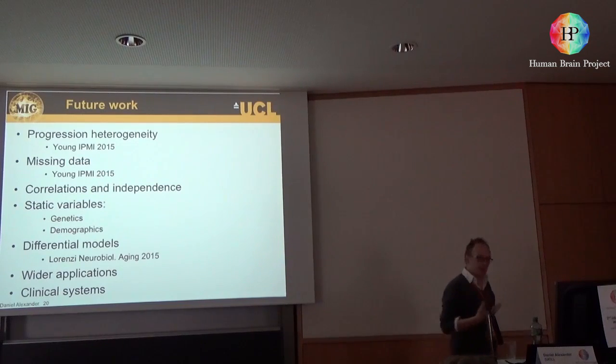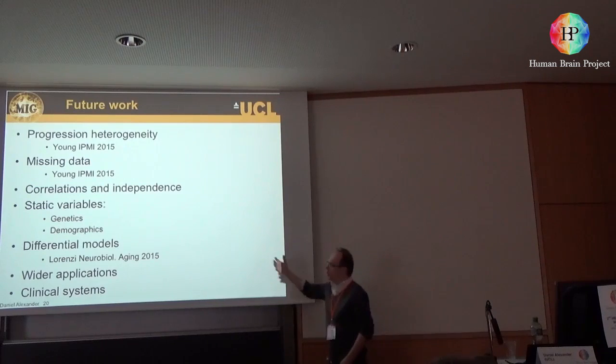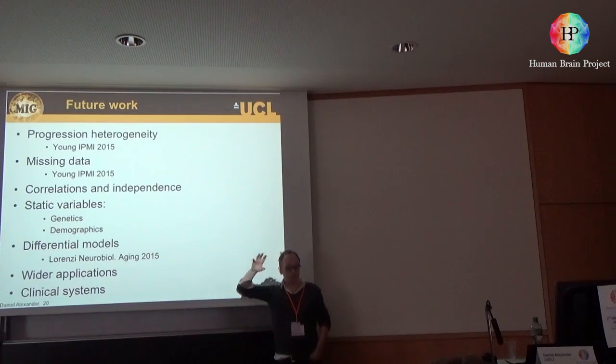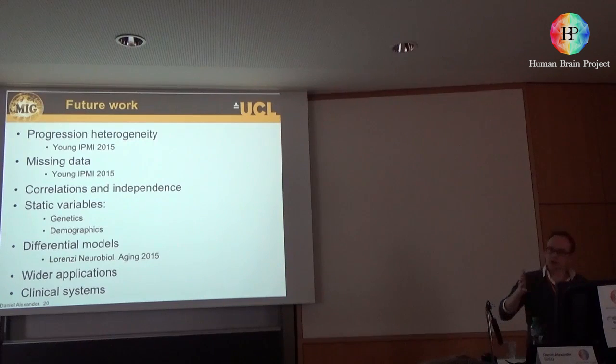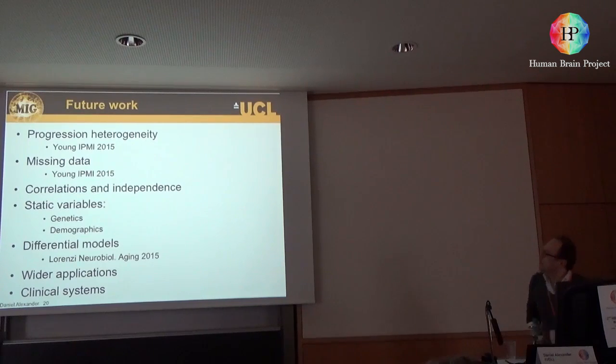And so this again is something that we've been studying the effects of, and I think the conclusion is that it doesn't have a huge effect on the sequence that we estimate, but it does affect the confidence in that sequence. We tend to overestimate the confidence. Questions there about how to proceed. Do we try and model the correlations, or do we just learn what the effect is and deal with it? The problem with the former is that it massively increases the number of parameters we have to estimate.